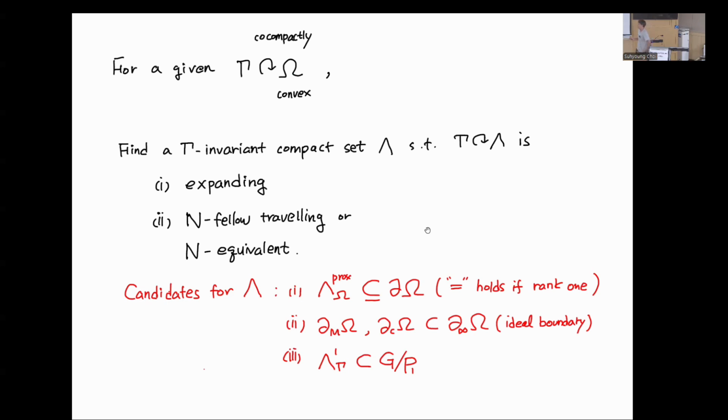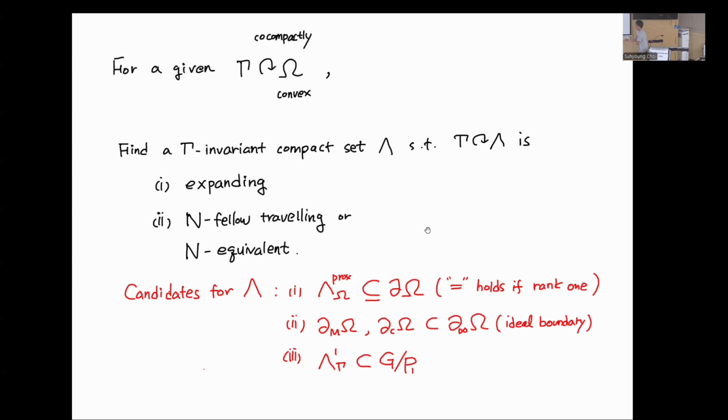Because in Benoist's examples there are many triangles, tori and triangles inside, we cannot expect every boundary point to satisfy the M-Farrell traveling or n equivalent condition. So my expectation is that this is not good.